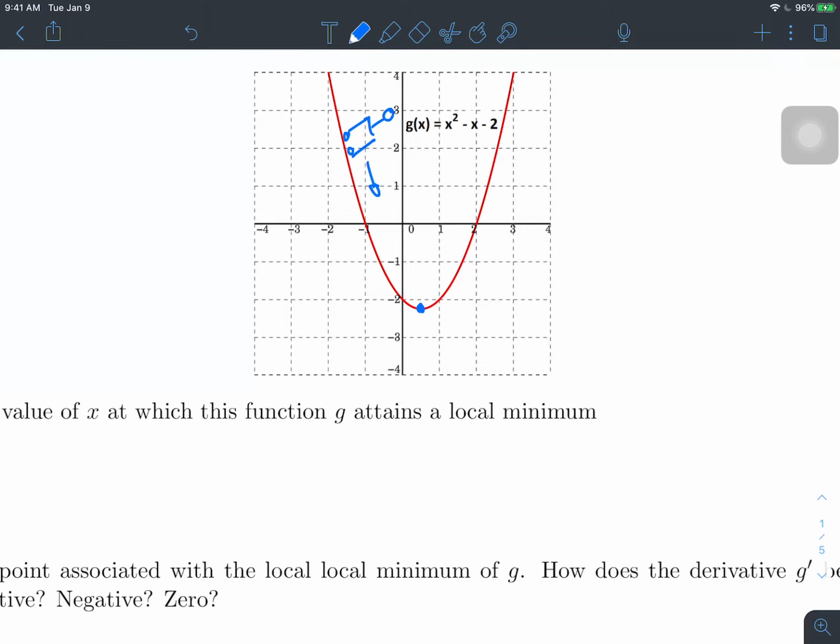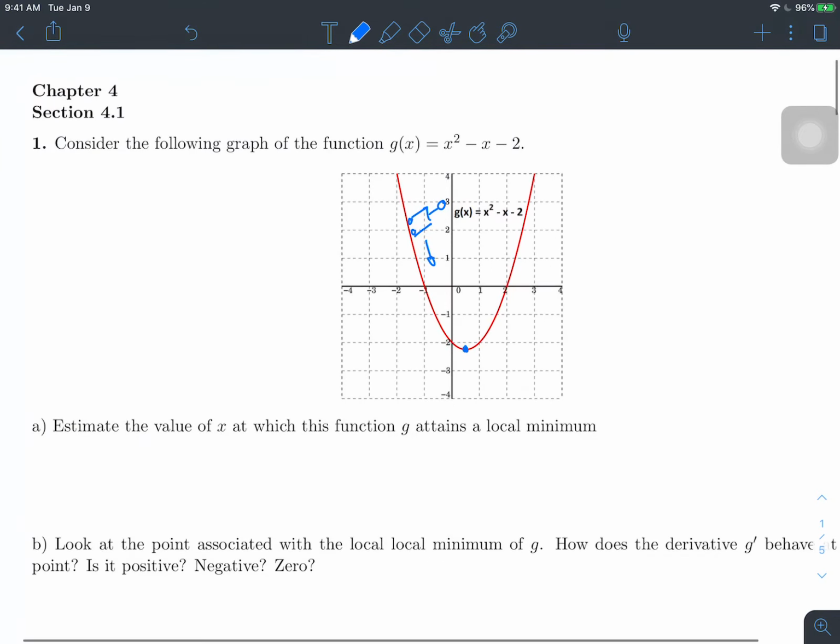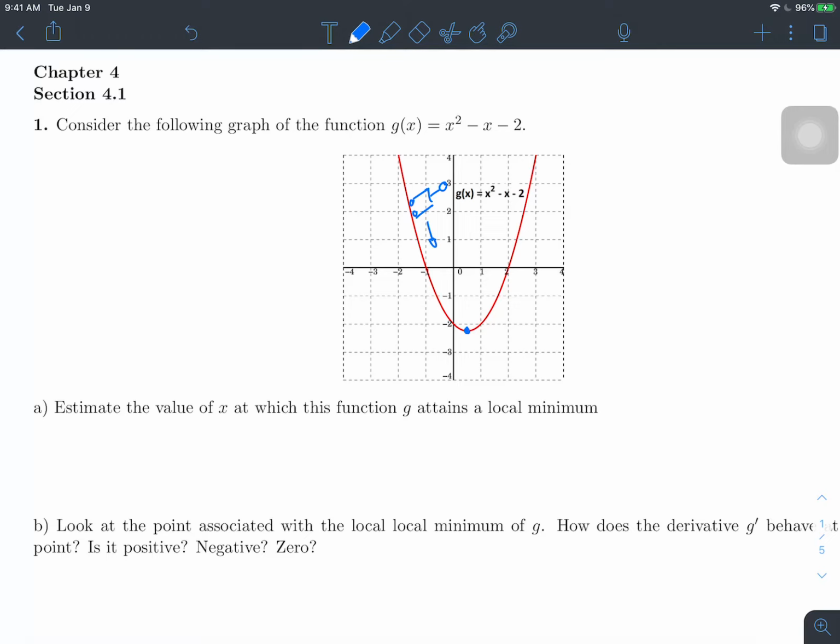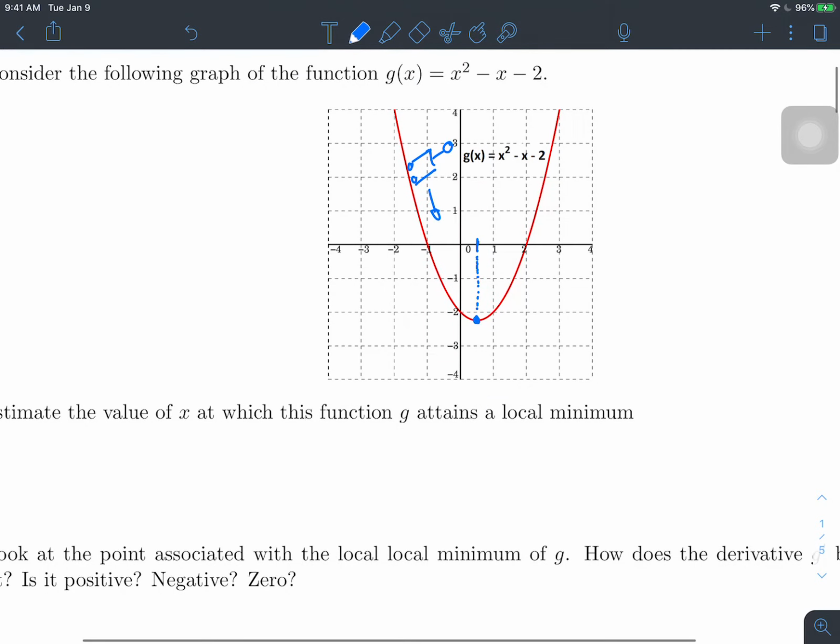And so if we want to describe the value of x at which this function g attains a local minimum, we ought to take this point up to the x-axis, and remember that x is the variable which describes the position of a point in terms of how far to the left or right we are.